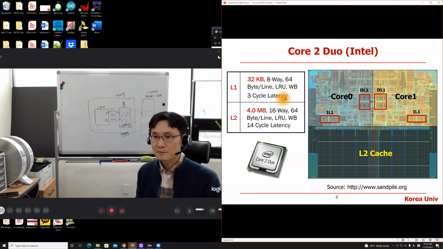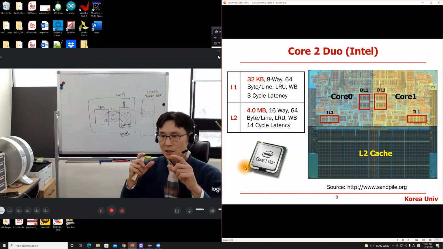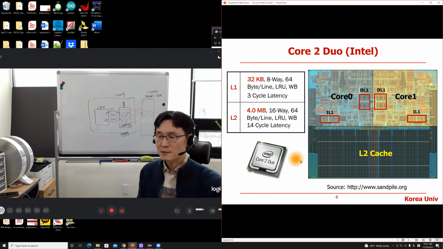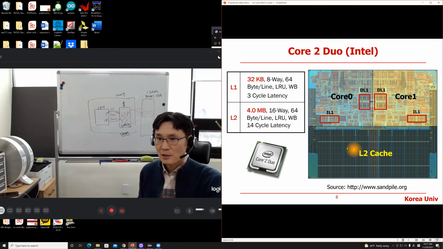But big picture, Core 2 Duo. If you open this package, then you are able to see this block diagram. Almost half of this silicon real estate, open this package and take a picture, is used by cache. L2 means level 2 cache, so that means there is a level 1.